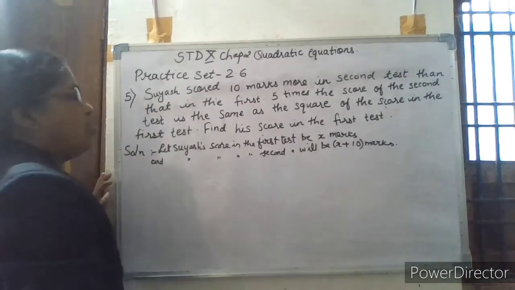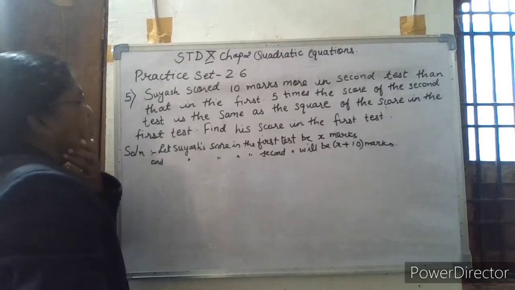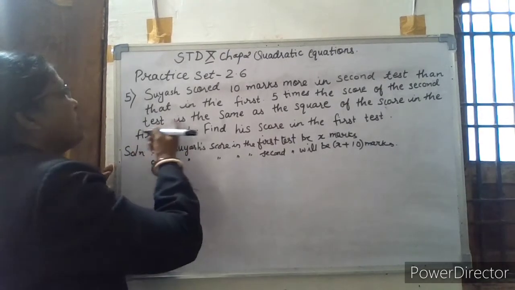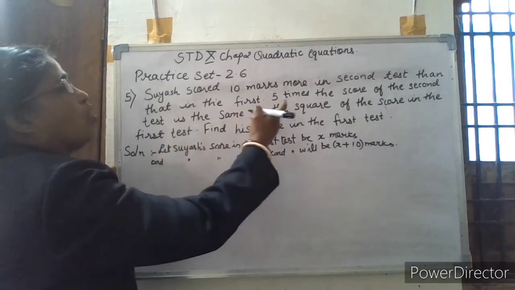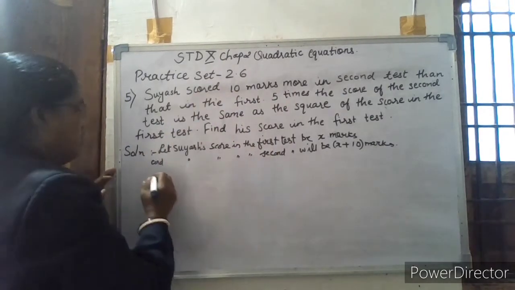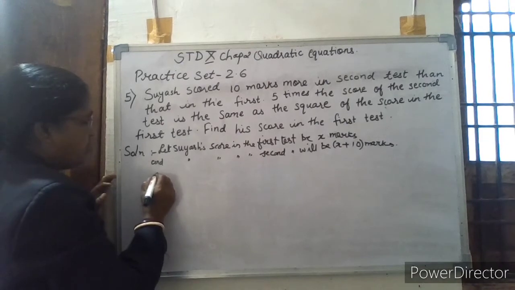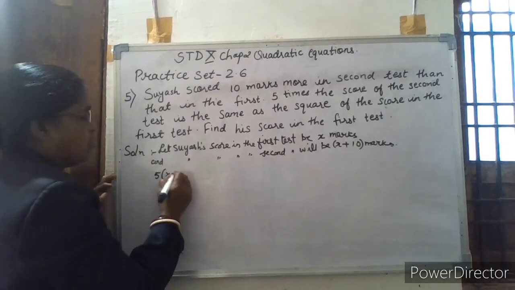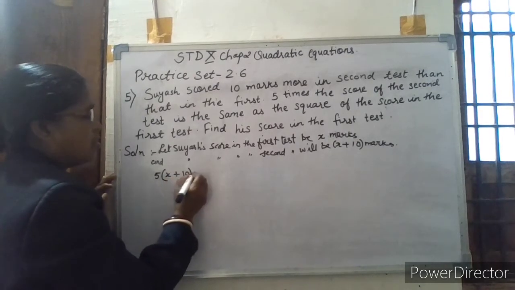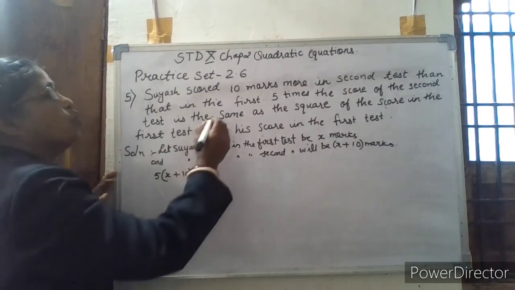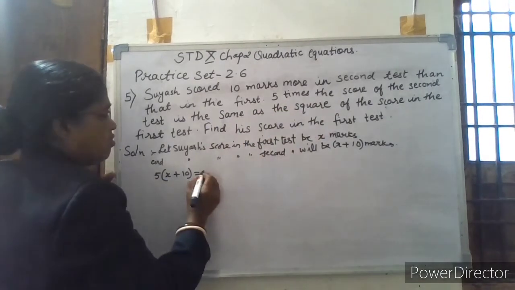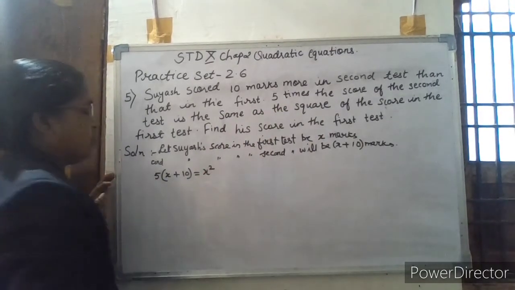Now we come to the condition, that is 5 times the score of the second test. So 5 times the score of the second test, that is x plus 10, is equal to the square of the first test.